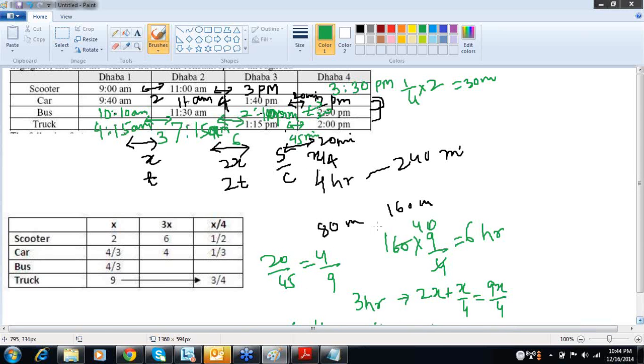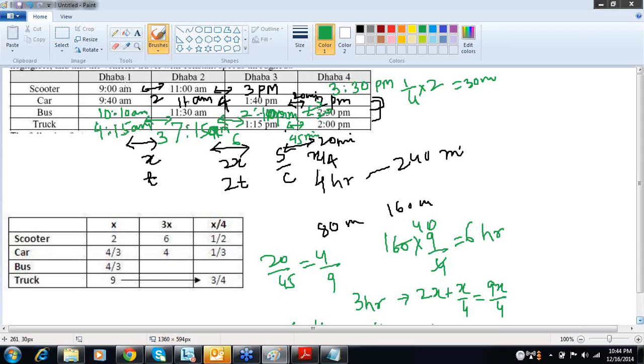Now we have all the numbers, so we can see here. It is given that there are 4 vehicles driving on a highway which has 4 dhabas. Each dhaba can view only 2 times for any vehicle.